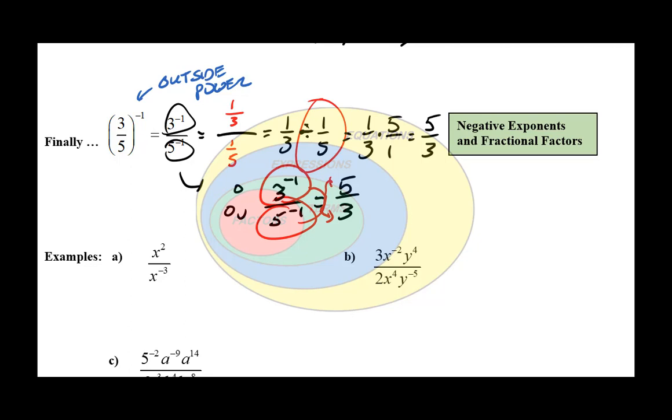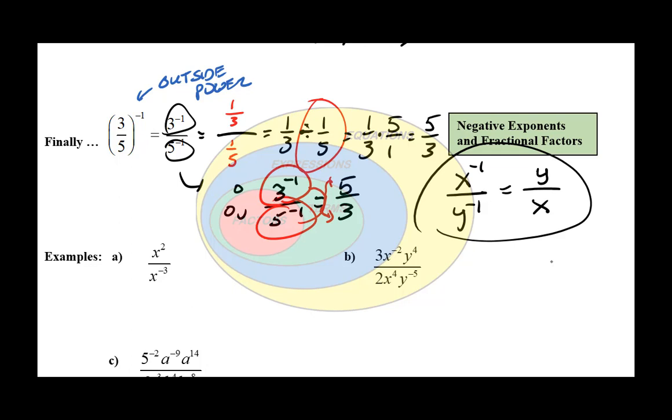So I like to think of this then, if we have a fraction where we have a factor x to a negative 1 power in the numerator, and maybe a factor y to the negative 1 power in the denominator, this is equal to, well, the x to the negative 1 moves that factor of x to the denominator, and the factor of y to the negative 1 moves to the numerator.